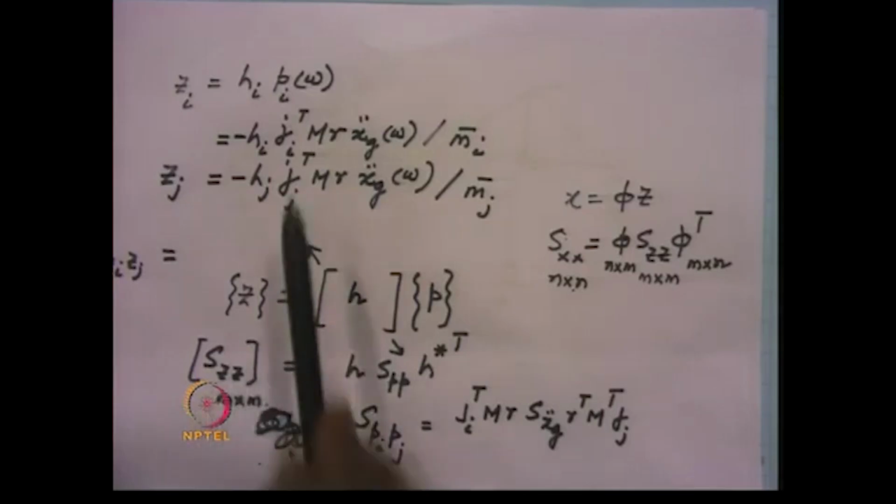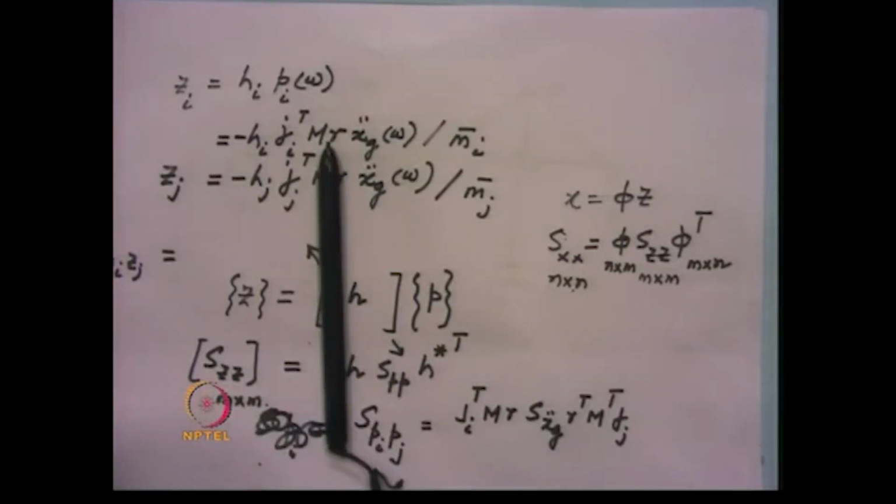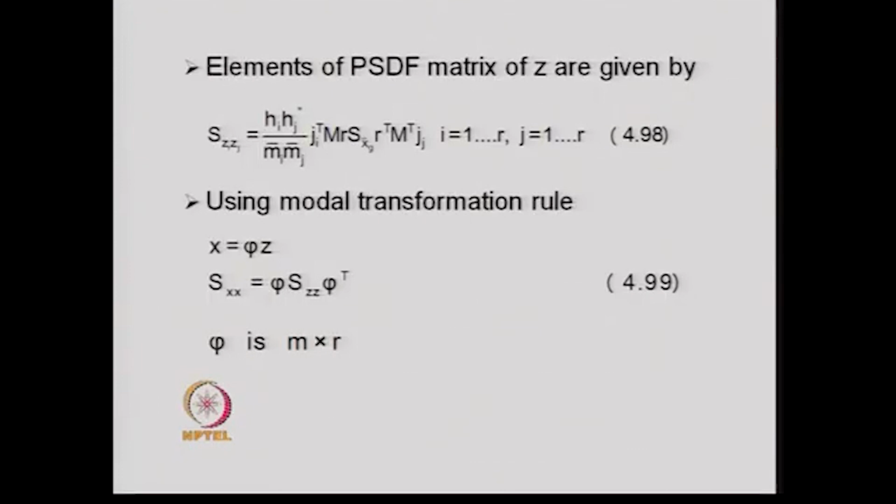So we can see that in modal spectral analysis we use the same formulation as for the mode superposition technique, for solving the problem in the frequency domain and time domain, and extend it to obtain the power spectral density function of the generalized coordinate by using small h, the frequency response function of a single degree of freedom system.